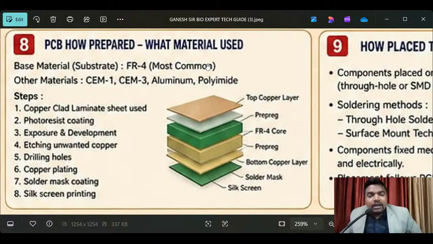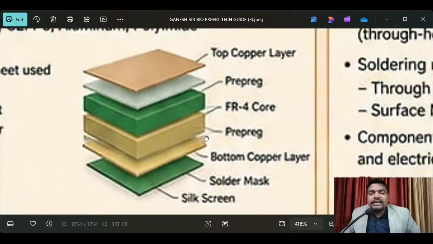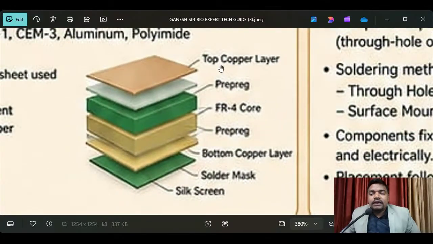Listen carefully. Base material substrate: FR4, most common. And see here, other materials: CEM-1 and CEM-3, aluminum, polyimide. First of all, see this picture, how it looks. PCB layers: top copper layer, next prepreg and FR4 core.